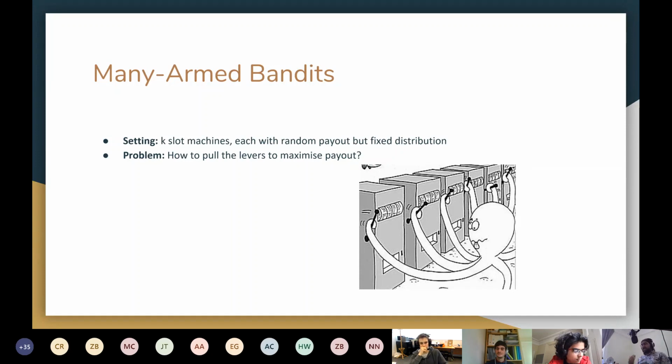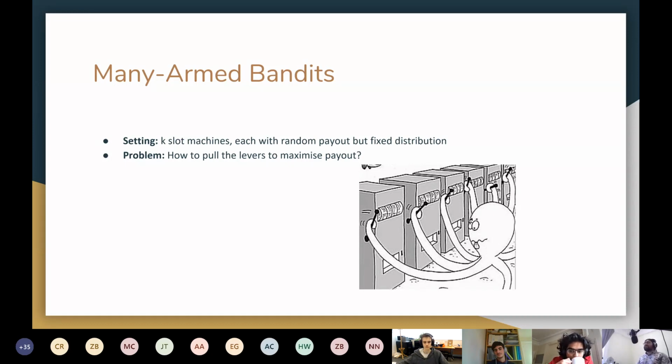Like, say, every time I pick a slot machine, it just tosses a fair coin, and if the coin is heads, it gives me 1. If it's tails, it gives me 0. And the other slot machine is a biased coin that has a bias of, say, 2/3. And I have no idea what these biases are. And the problem you want to figure out is, how can I make a program that learns the optimal way to pull these levers?